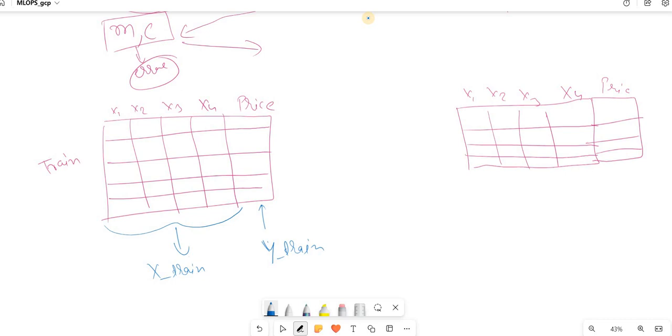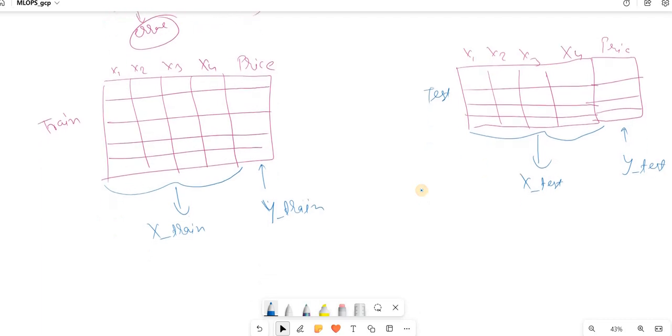I said the dependent goes on the y, independent on the x. So these are from the train, that's why x train, y train. And this is the test data, so I will call this x test, and this is the price, so I will call it y test. Now I will train my algorithm. Let's suppose this is my linear regression.